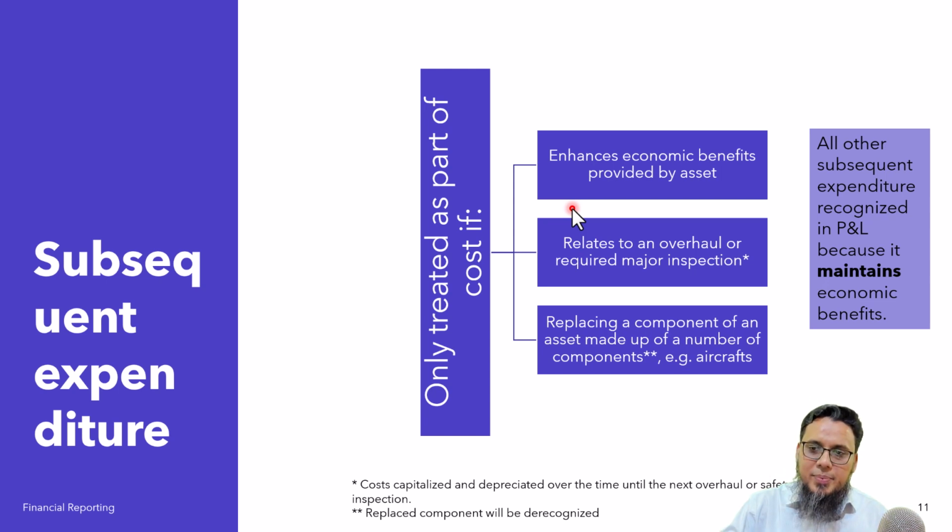That's one criteria. Relates to an overhaul or required major inspection. Okay, now overhaul means something that is getting repaired thoroughly. For example, if a power plant gets overhauled, that means all of its engine, the turbine, everything gets repaired. Some parts are removed, a whole exercise is done.